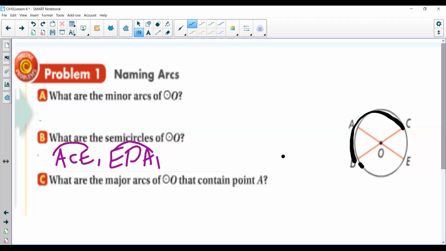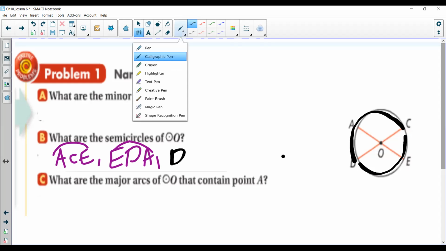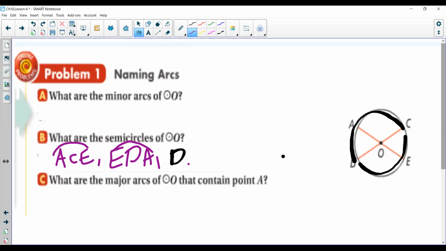I want to draw it now, but I changed the color. Now look at these arcs here. This arc also makes this circle into two equal halves. So DAC and CED.